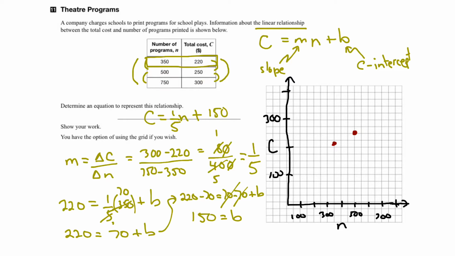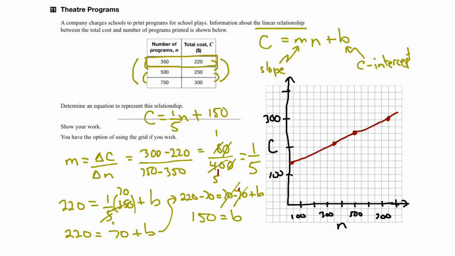So 750 is about here, and then the cost would be $300, so we go all the way up to here. Then we draw a straight line through these points as best we can. And we can see that the line crosses the c-axis at 150. So we've confirmed our value for b.